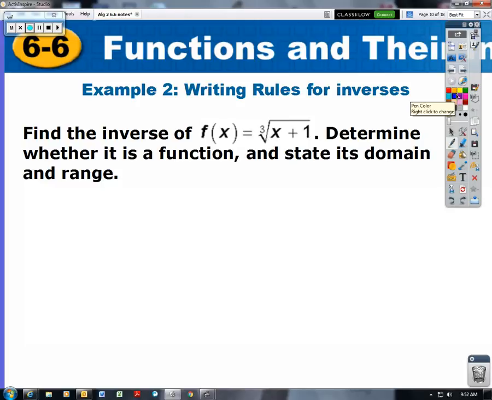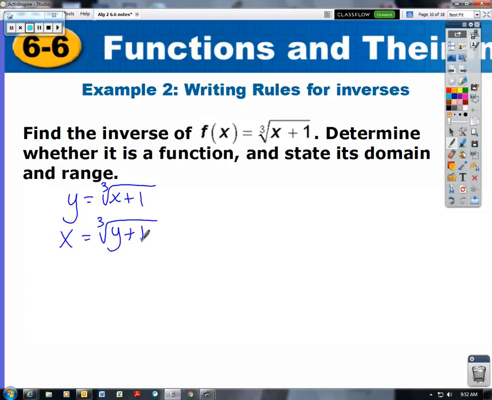Find the inverse of that function and then determine whether it's a function and then state the domain and range. All right. So I'm going to first of all write this as y equals, just rewriting it. And then you probably recall in the past when we wanted to find the inverse, we switched the x and y. So this is now x and the x is now a y.